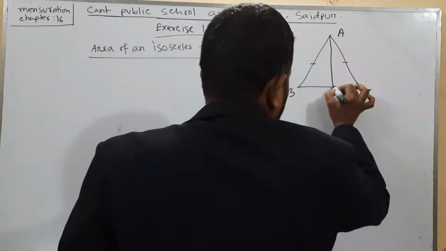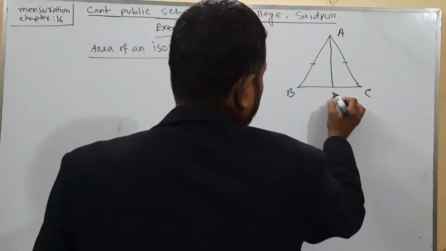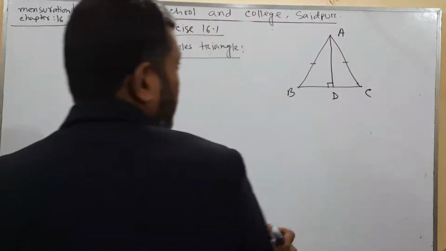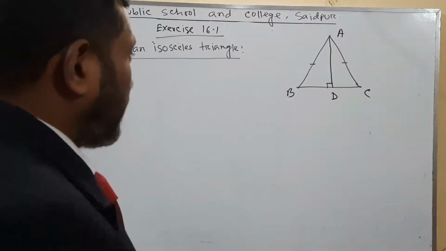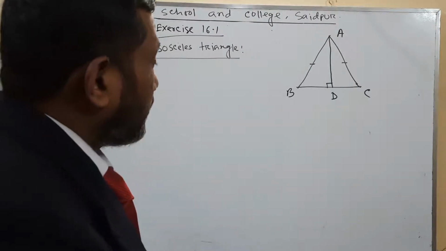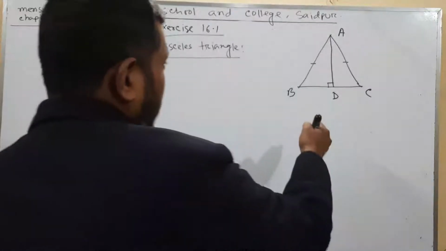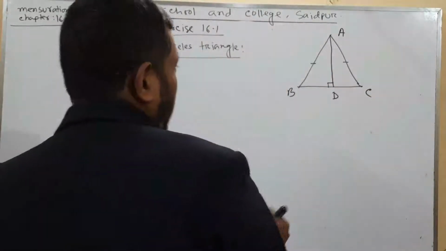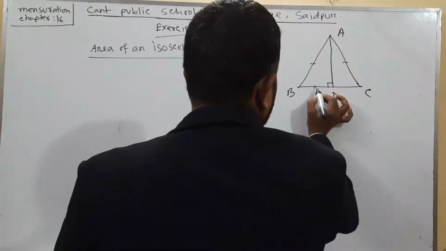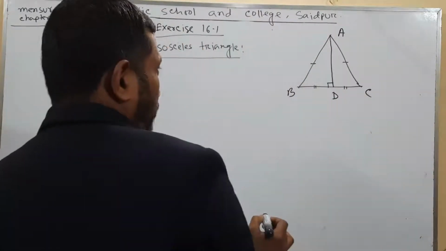Let us draw a perpendicular from A to BC, here AD. Since this is an isosceles triangle, this perpendicular AD will be the median of triangle ABC. That is, the length of BD is equal to the length of DC.